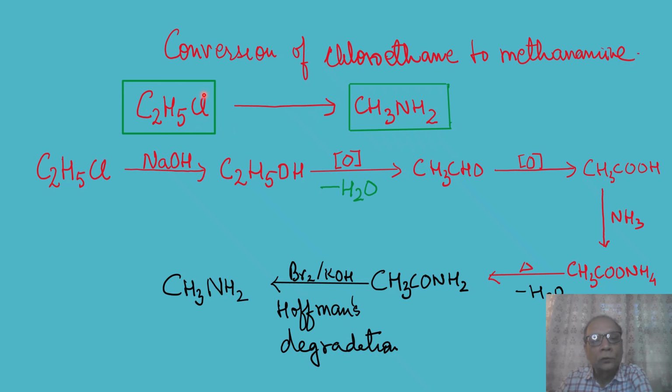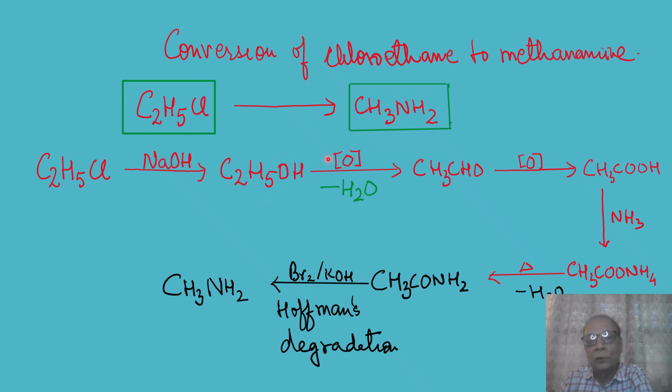You can see not only chlorine has gone out, but one carbon also gets removed in the process. So to start, we react C2H5Cl, that is chloroethane, with NaOH aqueous. We get C2H5OH alcohol. The usual procedure.